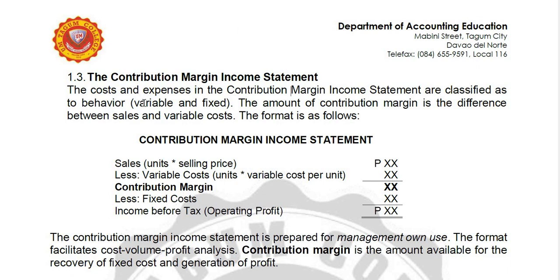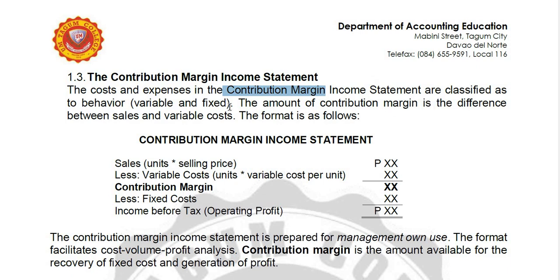Na isegregate natin dapat yung variable cost at yung fixed cost para mas ma-predict natin yung ating outcome in the future. So, ang tawag sa kanya ay contribution margin income statement simply because in this particular income statement, i-highlight natin kung magkano ang ating contribution margin. So, ano ba yung contribution margin? Paano ba i-compute ang contribution margin?